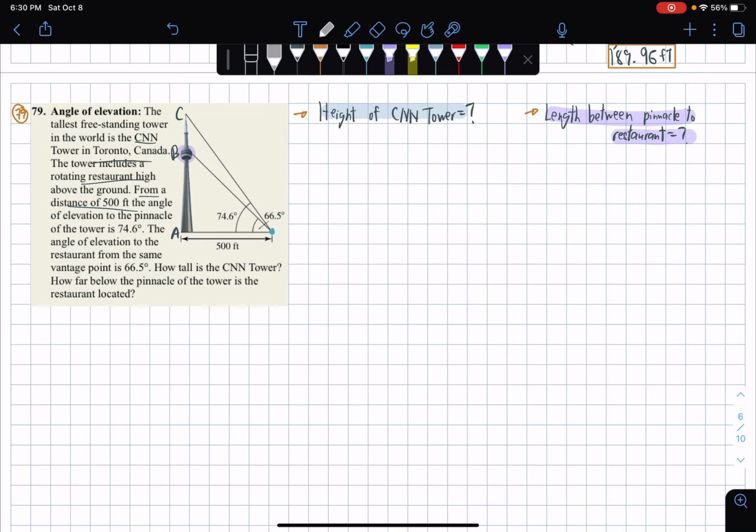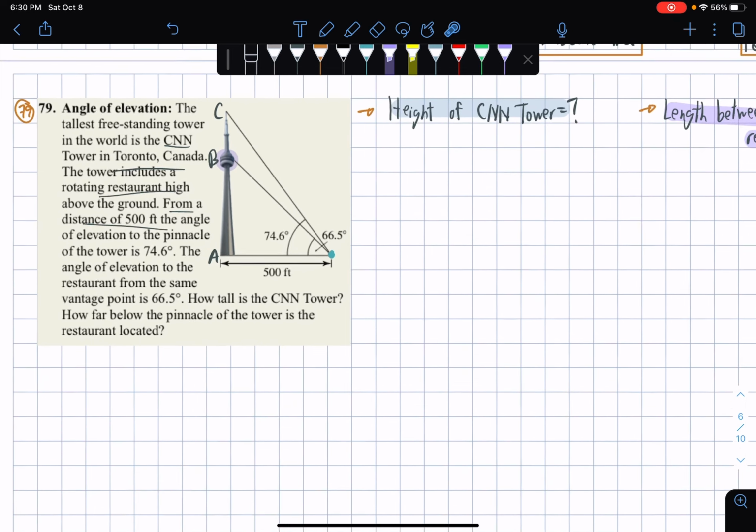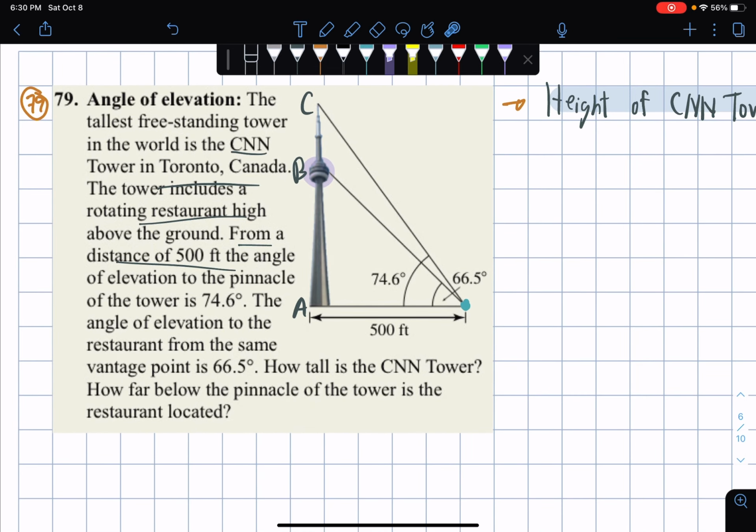Alright, let's try to visualize. Actually, no. The illustration is already here. You just have to figure out which we are supposed to solve for. So, from a distance of 500 feet, so this is obviously what's being referred to in this specific phrase. The angle of elevation to the pinnacle of the tower is 74.6.